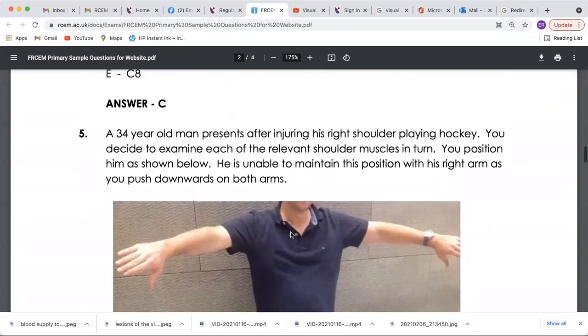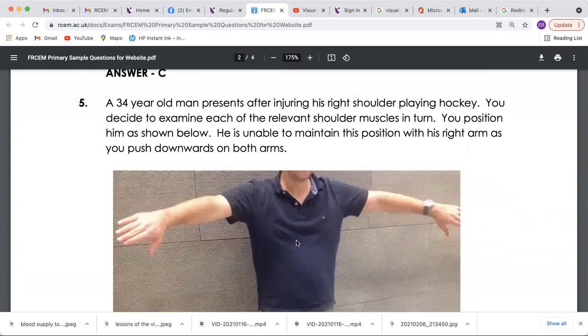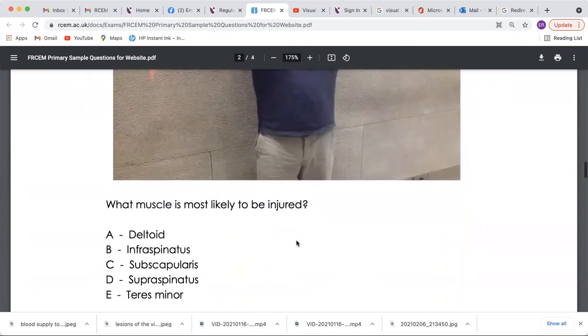So if you don't know what examination they're doing and what muscle they're testing, obviously we can suspect that there was an acute right shoulder injury during a hockey game, and you're testing the shoulder muscles, most likely the rotator cuff muscles, which are all these down here: infraspinatus, subscapularis, supraspinatus, and teres minor.